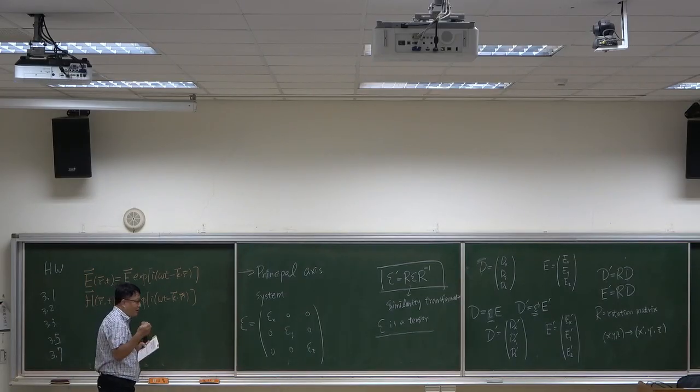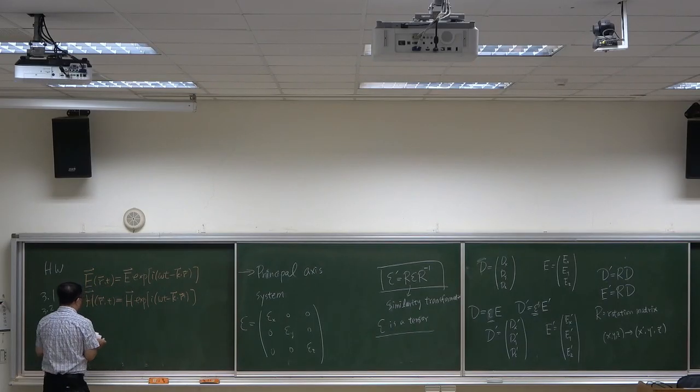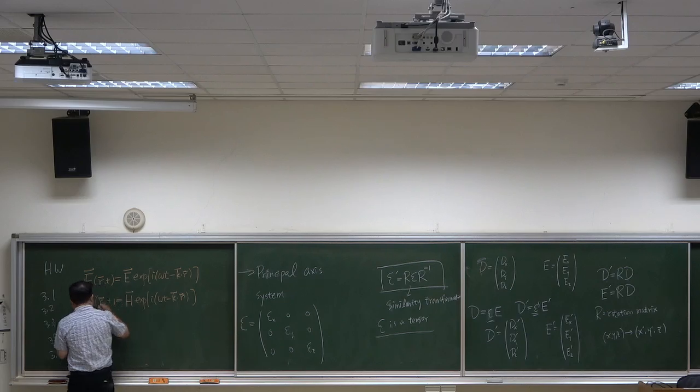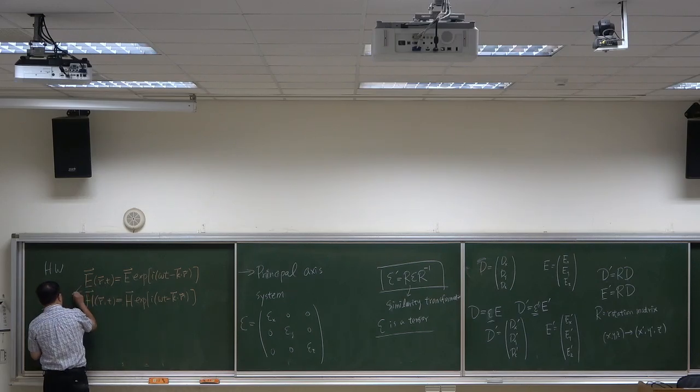Here we do not care about taking the real part of something. We just use the complex representation of the E and H vectors. So here, E and H are both complex in general.